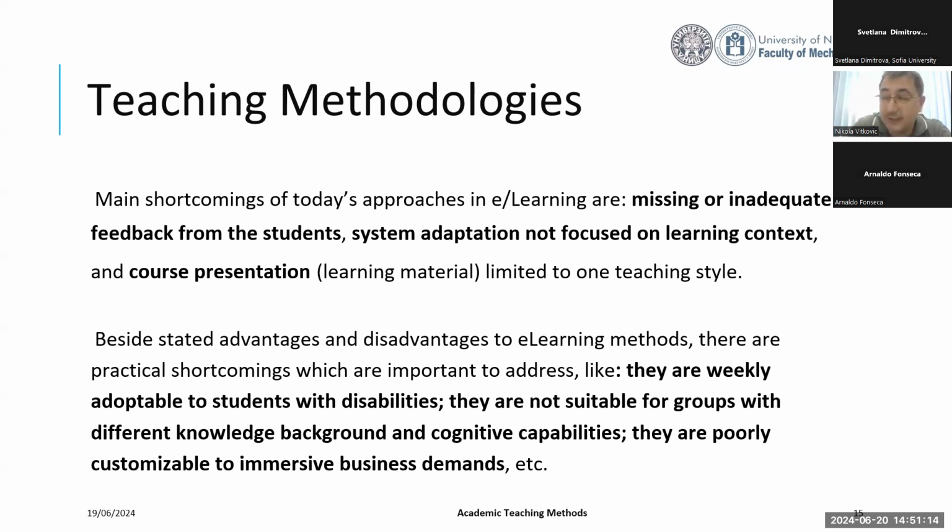Initially it was not used, but now it is used. But in some approaches, it is still not used. So in general, it's good to use it, but sometimes it can be missed. And of course, there is one problem today: how we present the course material.